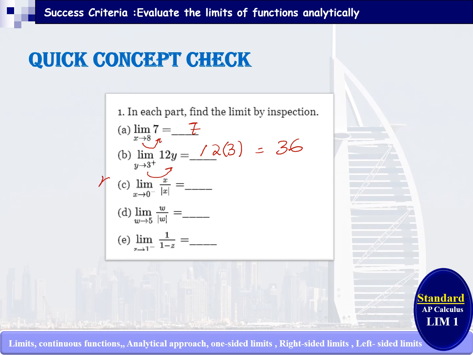This kind of question we will study later on, but over here I will tell you, whenever you have any absolute value function, you must have two answers. From the left side, write the negative of the function which is inside the absolute value. For the absolute value of x, from the right side, write the plus x.